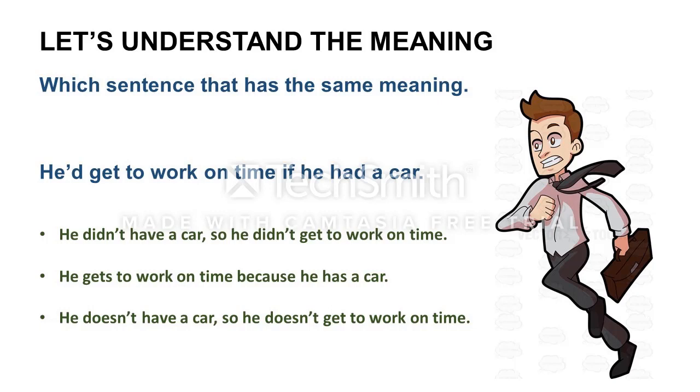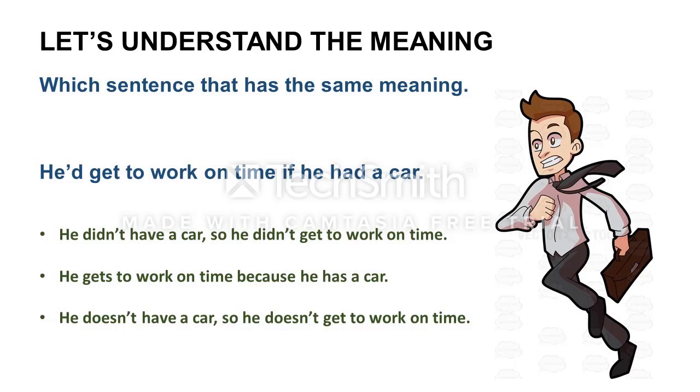So the next one would be, he'd get to work on time if he had a car. Not if he wakes up early, but if he had a car. So which of these sentences refers to that? He didn't have a car, so he didn't get to work on time. He gets to work on time because he has a car. Or he doesn't have a car, so he doesn't get to work on time.